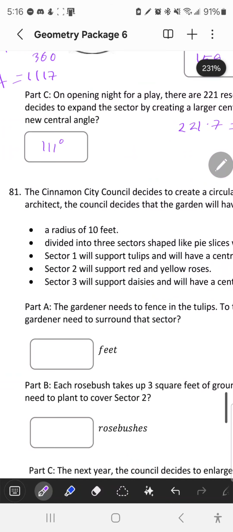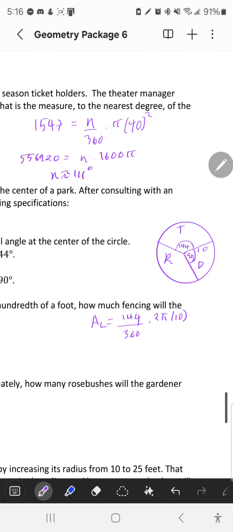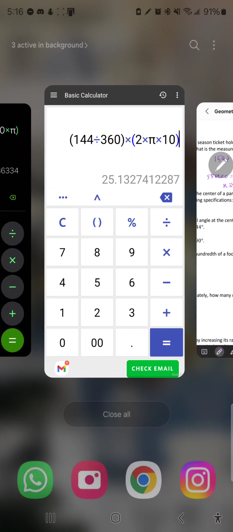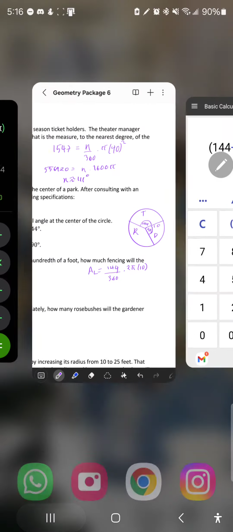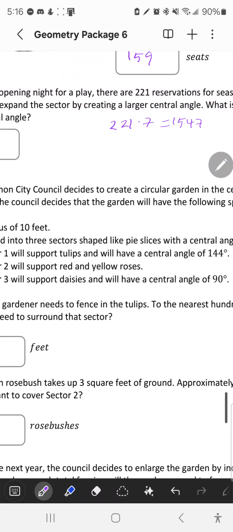However, if we round this to 25, there is always something greater after that. So if we round to 25, we're going to be missing 0.1, and that 0.1 won't have a fence. In this case, we want to make sure that every space has a fence, so we need to round up. So it will be 26.